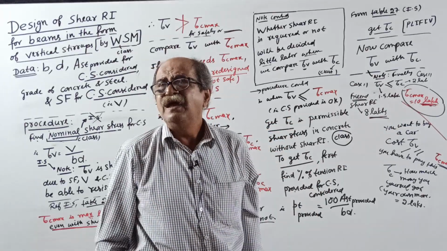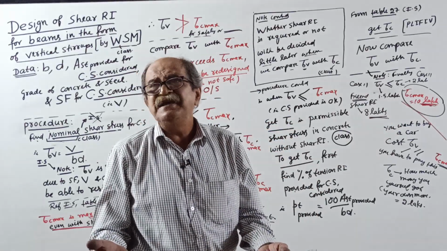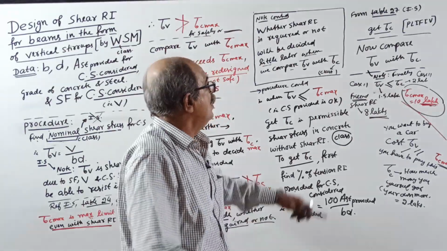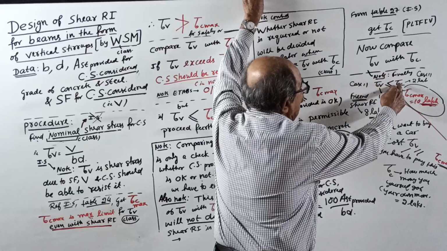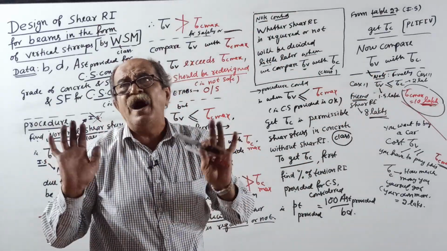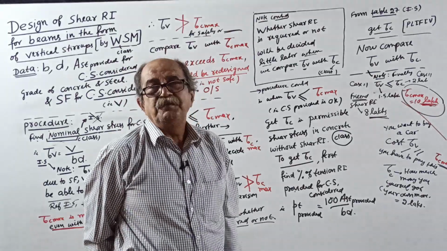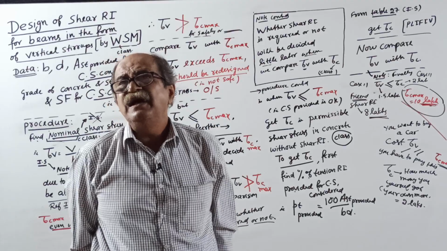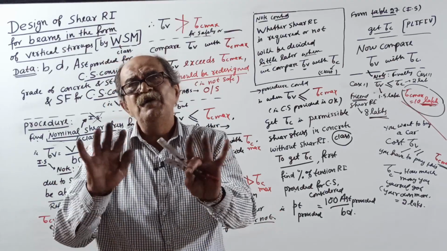No, sir. Why? Sir, you already got 2 lakhs. Friend is not required. Friend not required means help from friend is not required. So, if your tau v comes less than or equal to tau c, shear reinforcement is not required to be designed. But in the RCC, even then, you have to provide nominal shear reinforcement. I will tell you later.